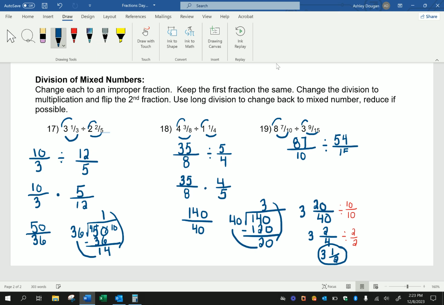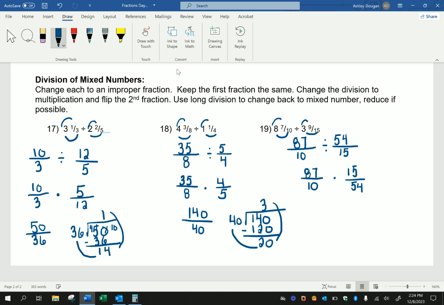And then I keep 15 on the bottom to keep the denominator the same. Because I'm dividing, that's when I'm going to flip that second fraction. So I'm keeping 87 over 10 and writing the second fraction as 15 over 54.